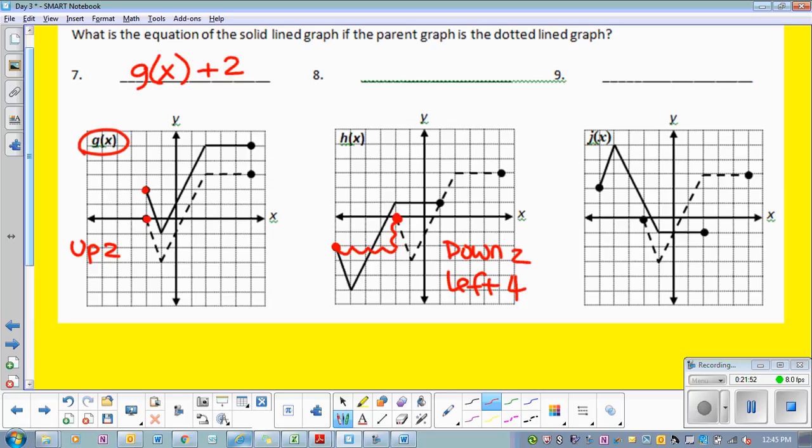So left 4 tells me it needs to go inside the parentheses with the x, right? H of x, if it's left 4, is it plus or minus 4? Plus. You gotta think the opposite, because when you're thinking left, you're like, oh, it's minus 4, but it's the opposite, plus 4, okay? And guys, you have to memorize those transformation rules, all right? And then down 2 is what? Minus 2. There you go.